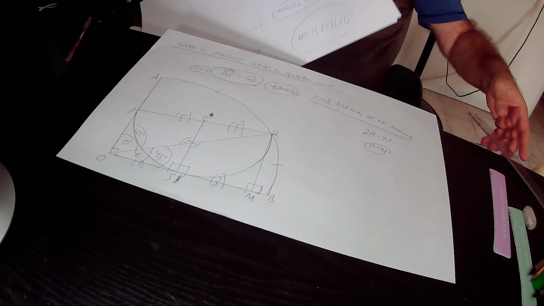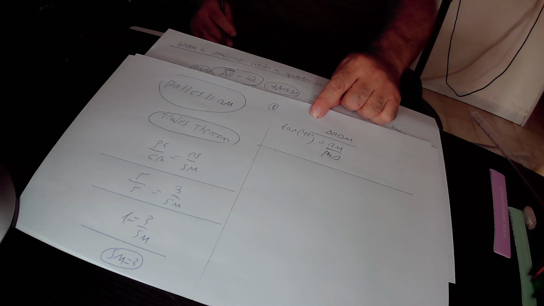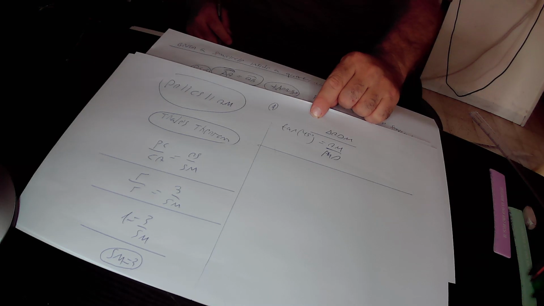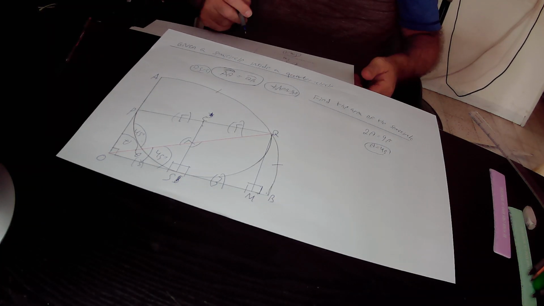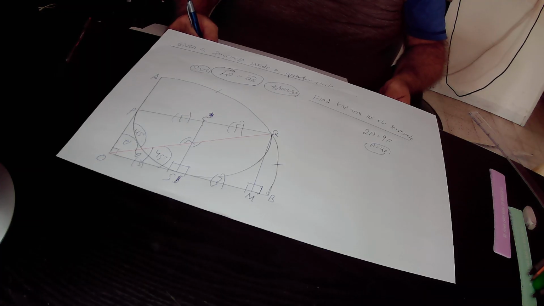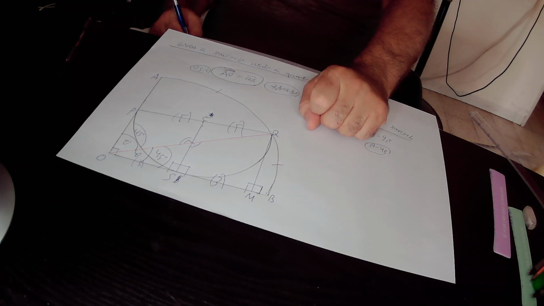Repeat again. In the right triangle QOM, tangent 45 degrees equals QM over MO. Tangent 45 degrees is 1. So 1 equals QM over MO. QM is the missing side, so leave it as it is.